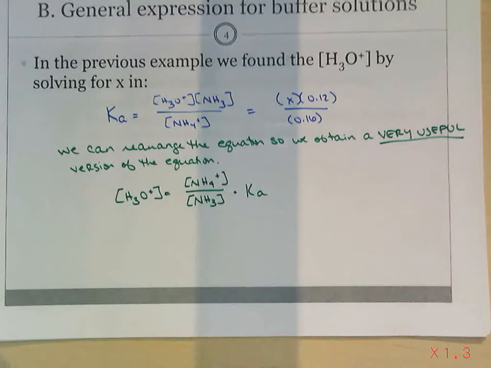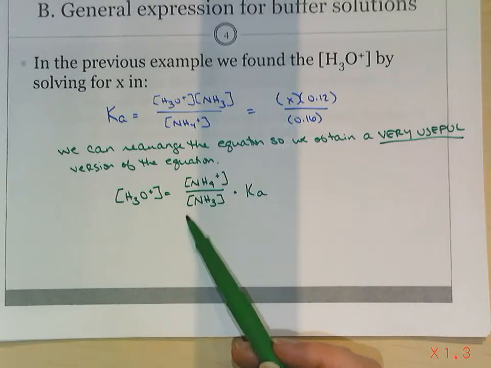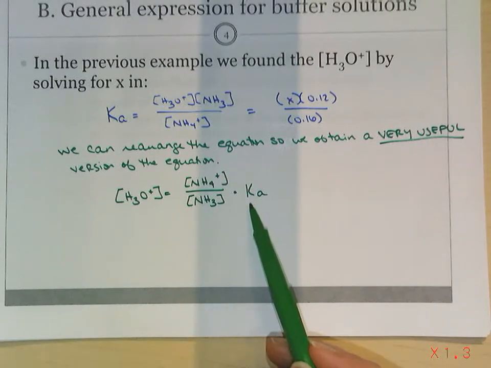Now I have my hydroniums. It's just a ratio of my conjugate acid-base molarities multiplied by the acid equilibrium constant.